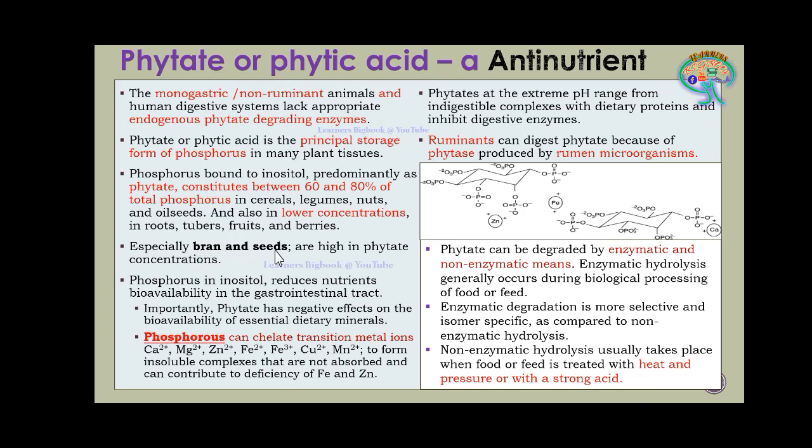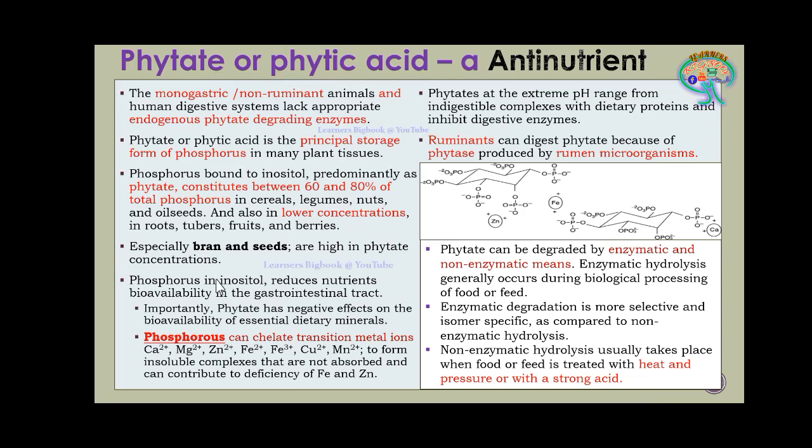So here you can see bran is used for animal feed and seeds are also used for animal feeds, and even the seeds we human beings consume. So here there is a high concentration of this particular phytate. Because of that the phosphorus concentration will also be high.